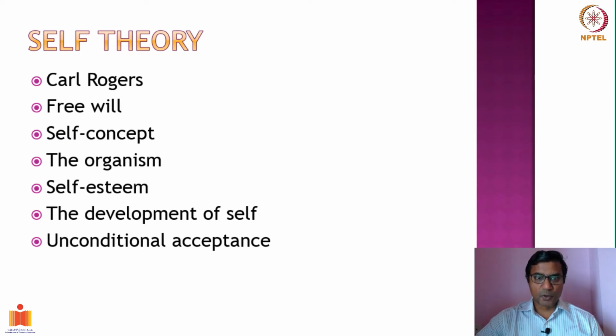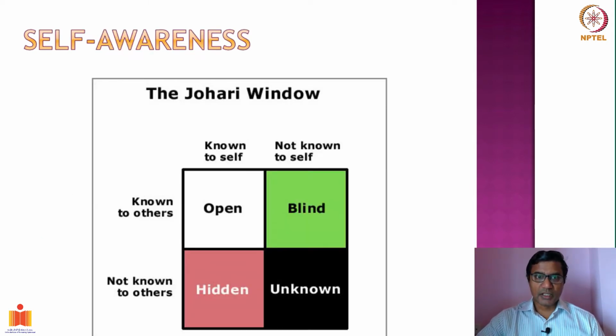More specifically, we spoke about Carl Rogers' theory of self, in which we understood the connection between self-concept, self-esteem and unconditional acceptance. We also looked at self-awareness and its importance in unconditional self-acceptance, unconditional positive regard. So we looked at this interesting model called Johari's window.